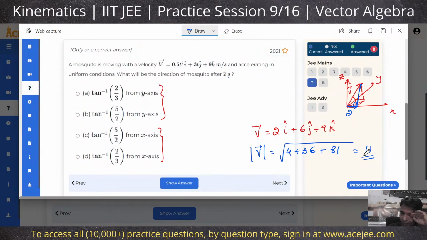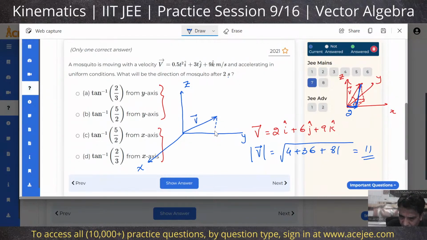Better? Yes, sir. Okay. So let me see if I can draw a different picture, a little bit bigger, broader. So let me even change my axis here, x, y, and z. Correct? Let's say this is the v vector.